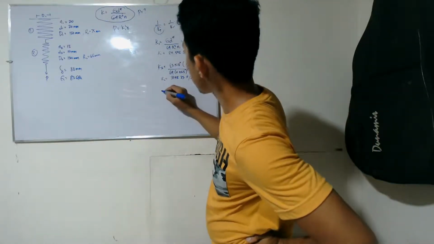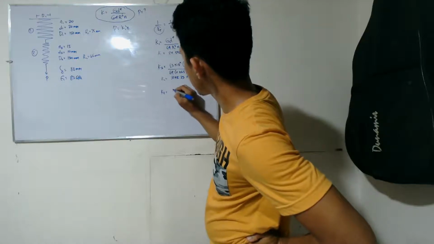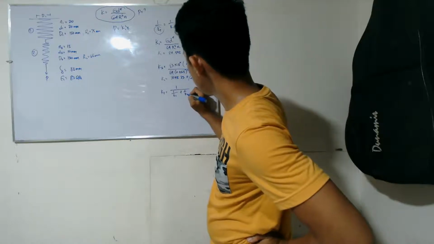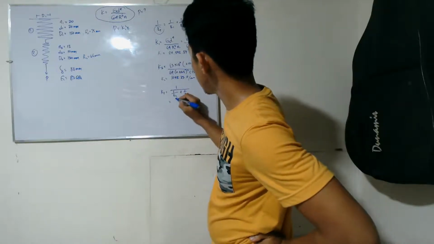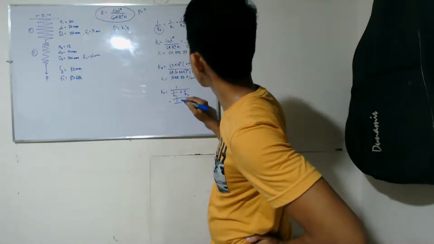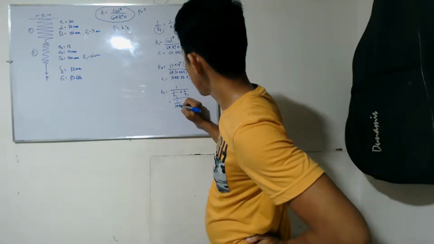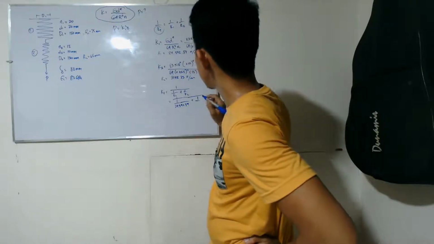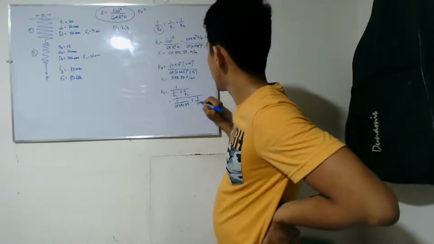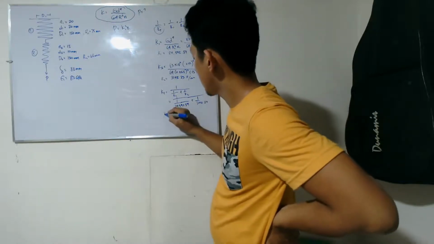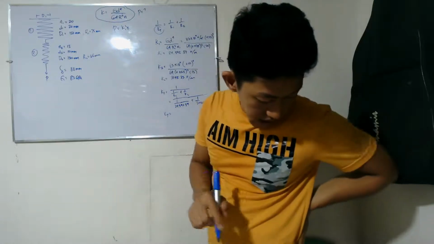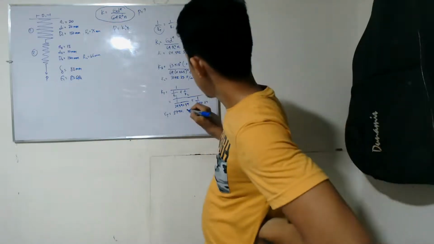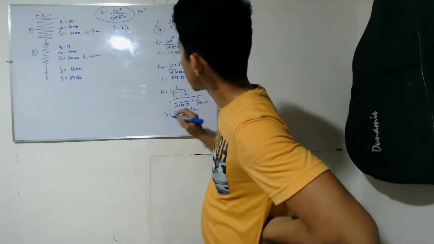Now we find the total K. The total K is 1 over K1 plus 1 over K2, so 1 over 24,592.59 plus 1 over 3148.3. Calculating, total K is 2790.95 newton per meter.